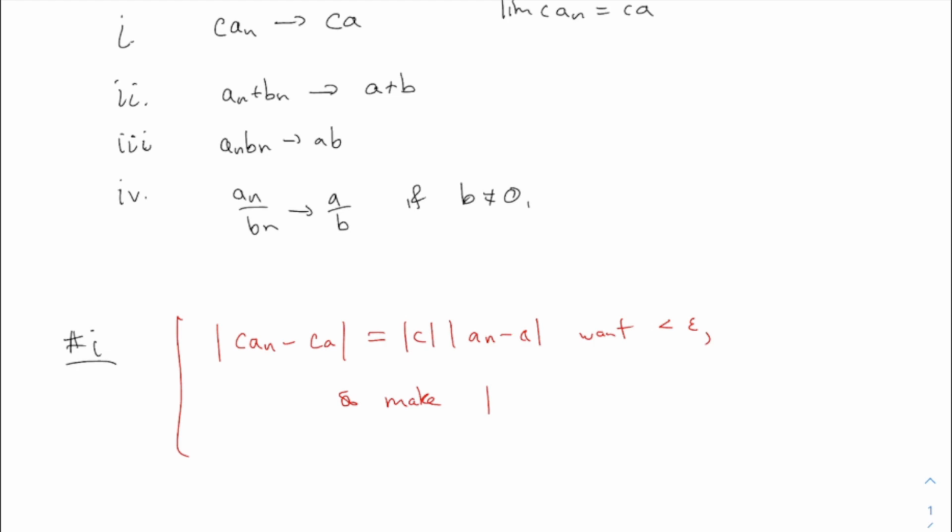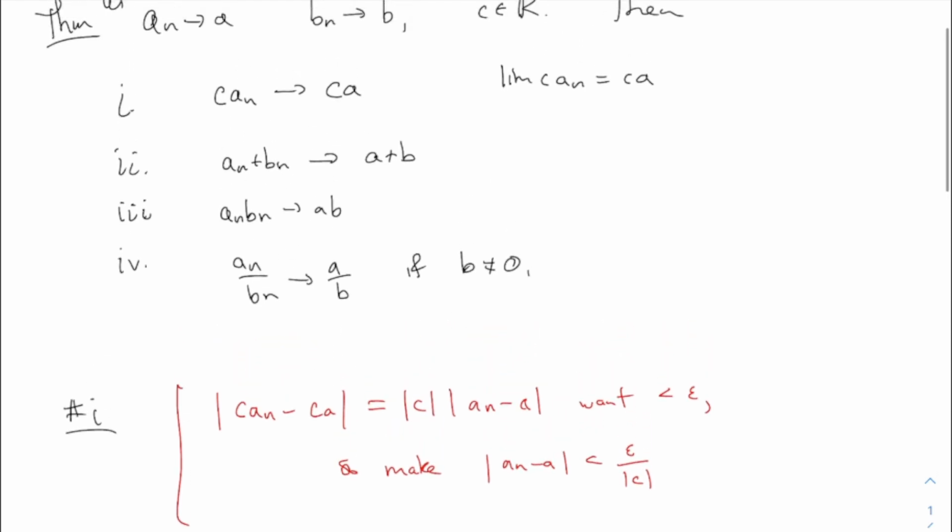You look at this and think about how small does this have to be in order to make the whole thing less than epsilon. And so I make |a_n minus a| less than epsilon over absolute value c. That's how I make this product end up less than epsilon. And can I make this less than epsilon over absolute value c? Yeah, because a_n converges to a, that means you can make this as small as you want. So in particular, you can make it even smaller than epsilon over absolute value c.